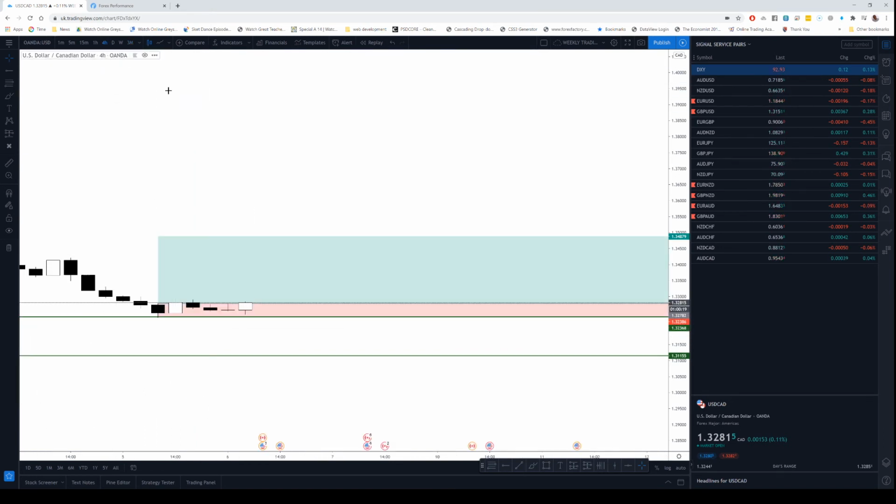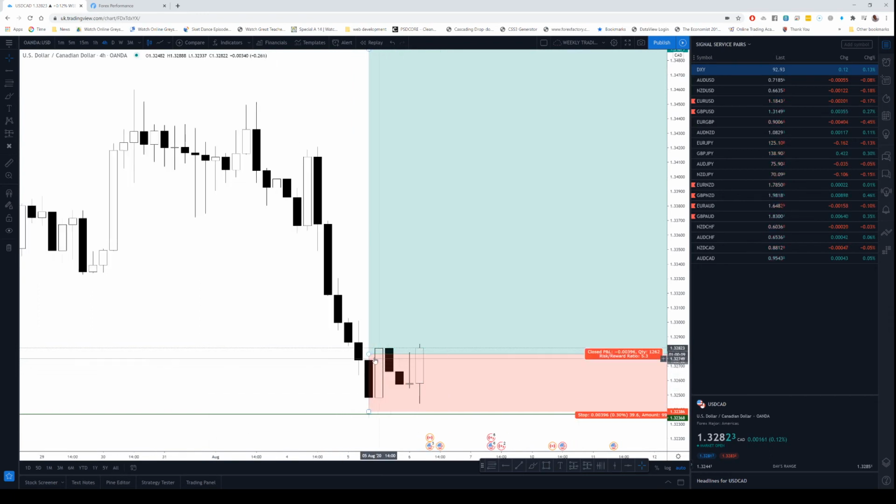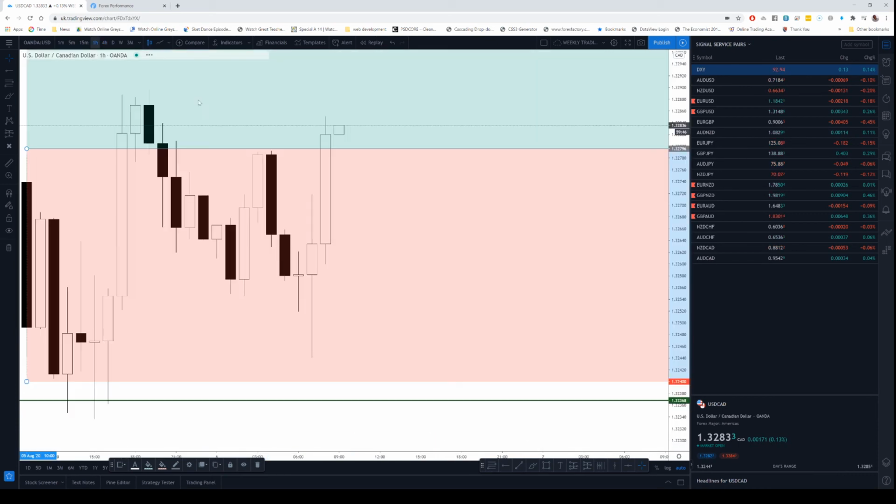And price did get there yesterday and gave a rejection pattern, which is this last down candle and this last up candle. So price came all the way back down, and now let's drop down to the hourly time frame.